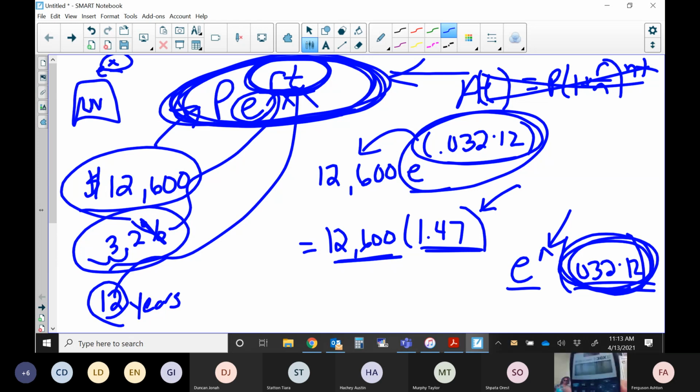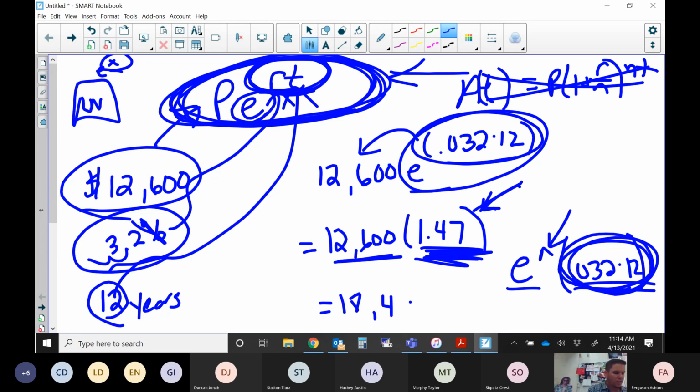There's a button on my calculator that says ANS. That is the answer to the previous problem I put in the calculator. It remembers this full number, not rounded, or rounded much farther along than I did. So that answer is going to be much more accurate than if I round in the beginning. The more you round in the middle of a problem, the farther you are off from the answer. So I hit equals, and I get $18,498.63 is how much will be in that bank account.